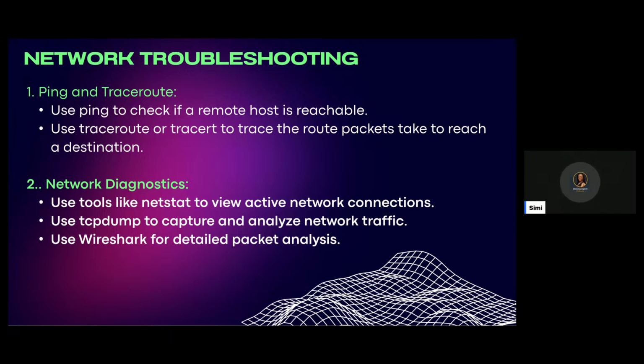I also mentioned these are just a few of the commands that you could use. There are some other commands that come in handy, like the netcat command, which you could also use to trace your network reachability or availability, right?